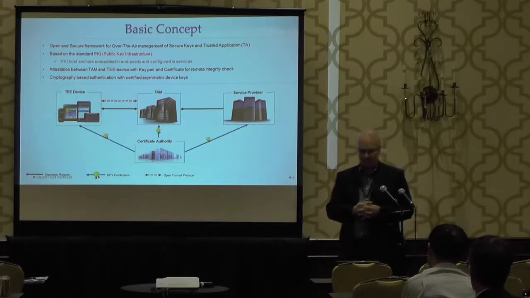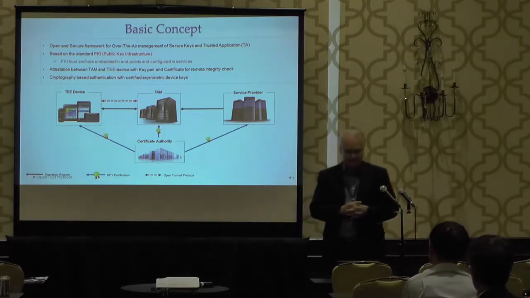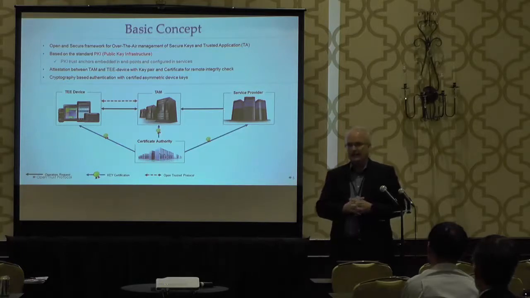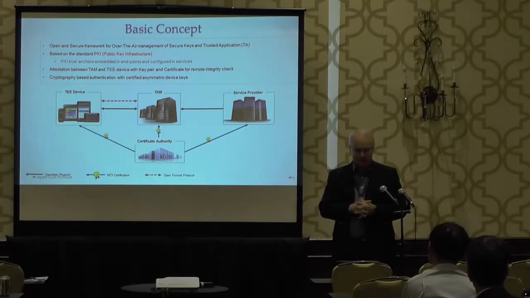We use, as I said earlier, the public key infrastructure. The mechanism is, of course, based on having trust anchors and certificates provisioned within the TEE device, within the trusted application manager, and within the service provider, and we'll see a little bit later how that works.